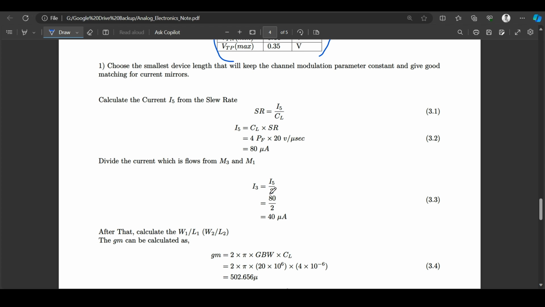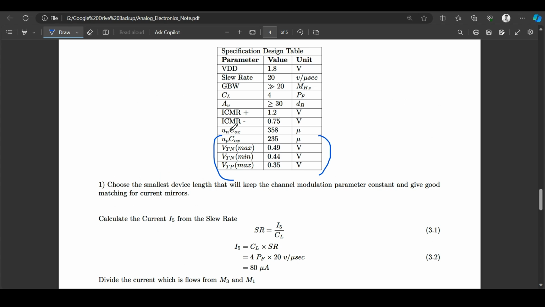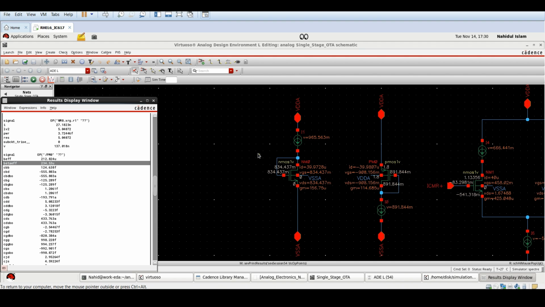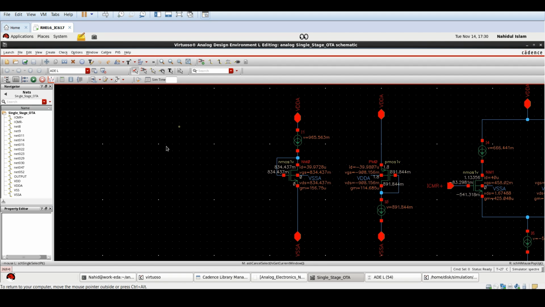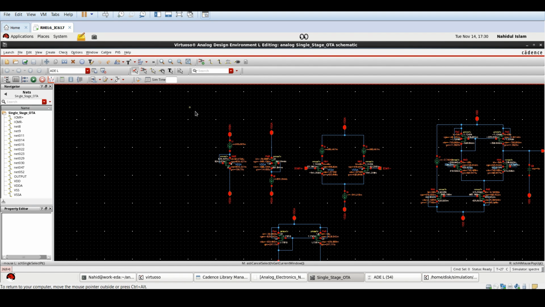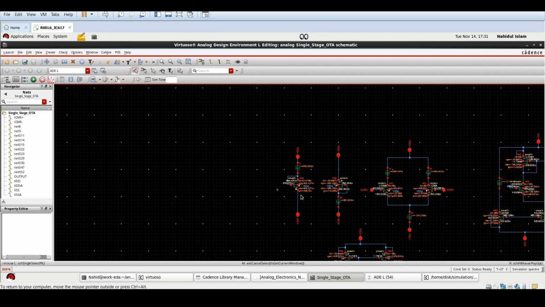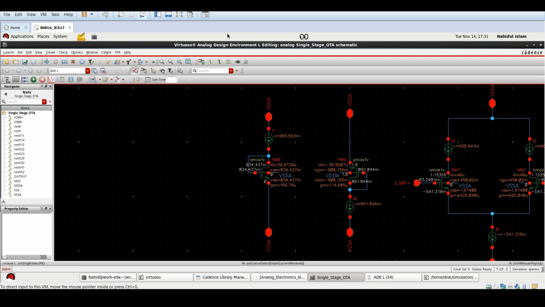After getting the current, I have to extract the values of mu n Cox and mu p Cox from Cadence. So how to do that? To extract the NMOS parameter, I have to set up this arrangement here in the upper region.